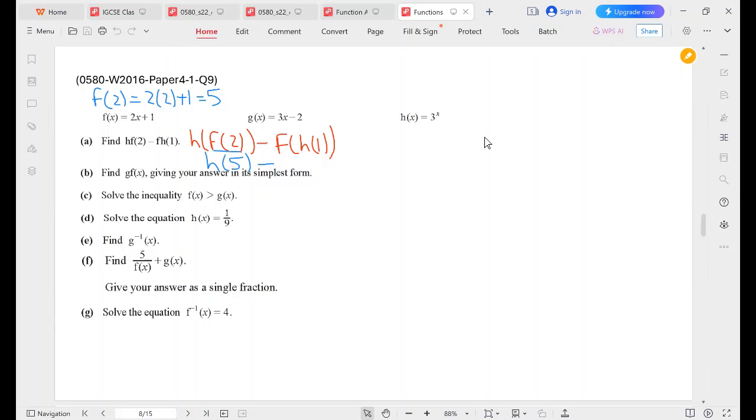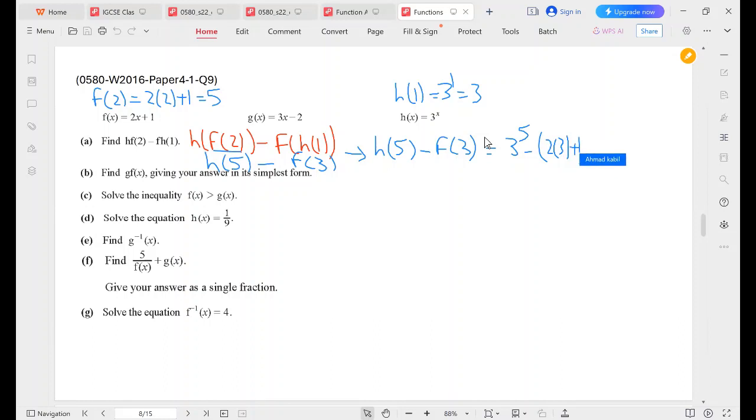So let's get h of 1 here. H of 1 is 3 power 1, which is 3. So this would be f of 3. So now we have h of 5 minus f of 3. H of 5 is 3 power 5 minus f of 3, which is 2 times 3 plus 1.